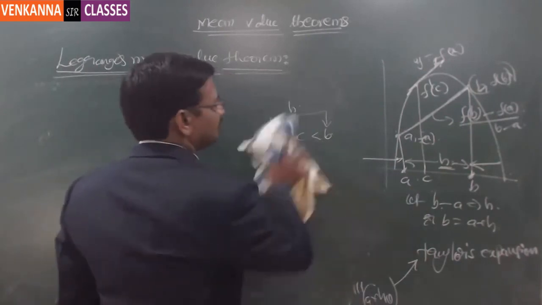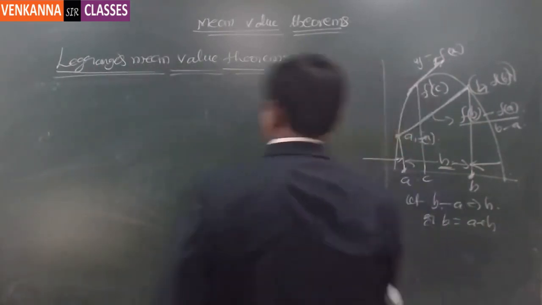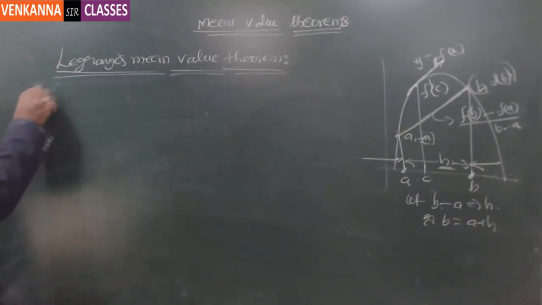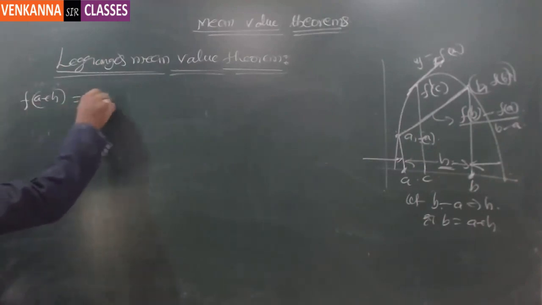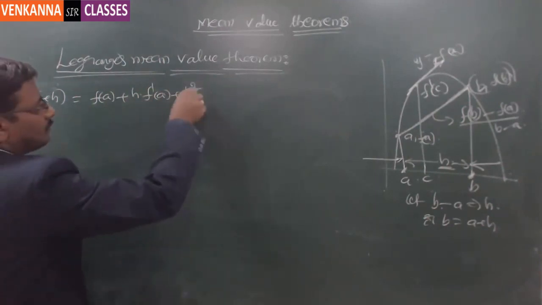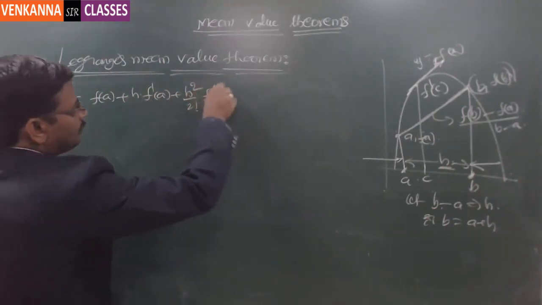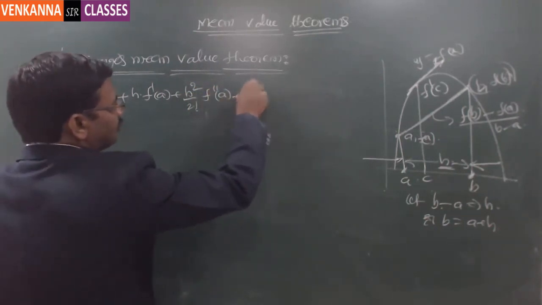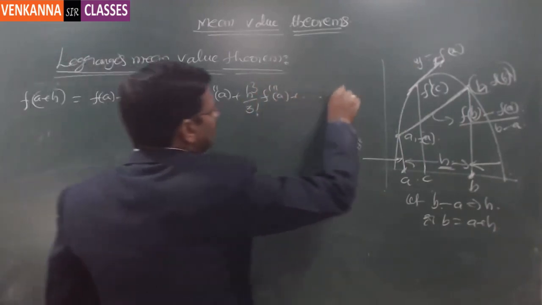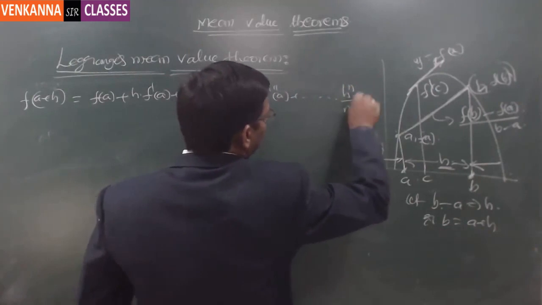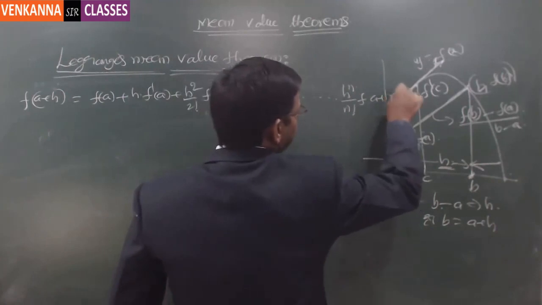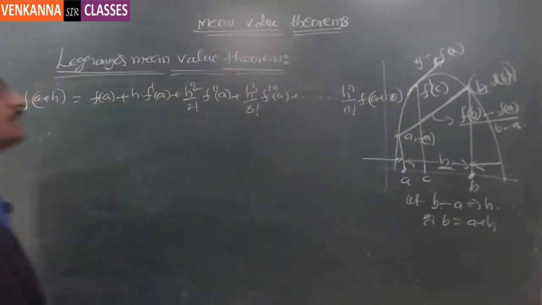You can write it. f of a plus h is equal to f of a plus h into f dash of a plus h square by 2 factorial into f double dash of a plus h cube by 3 factorial f triple dash of a plus ... h power n by n factorial into f n of a plus h theta. Got it? So this is the Taylor's expansion.